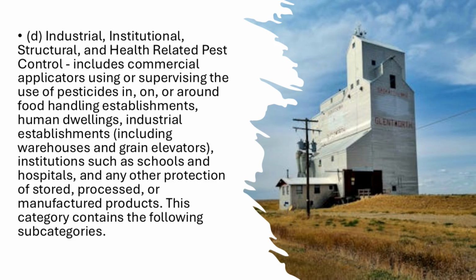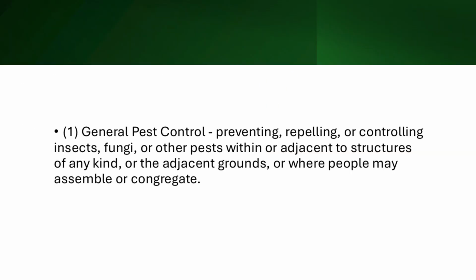This category contains the following subcategories. 1. General pest control, preventing, repelling, or controlling insects, fungi, or other pests within or adjacent to structures of any kind, or the adjacent grounds, or where people may assemble or congregate.